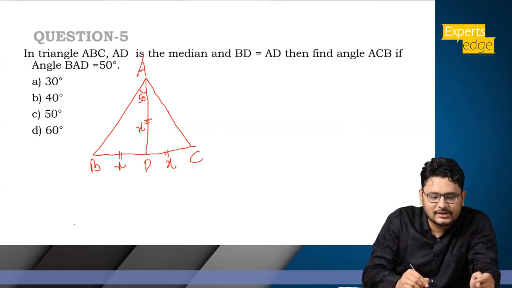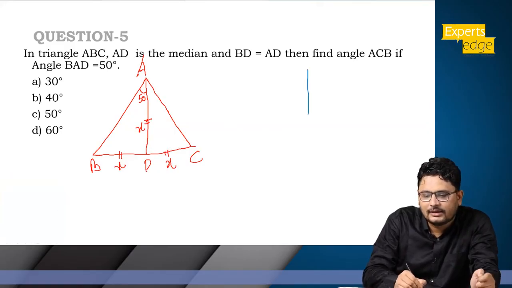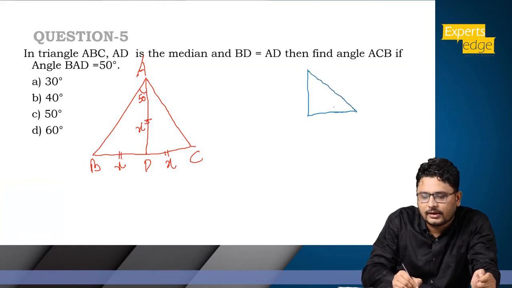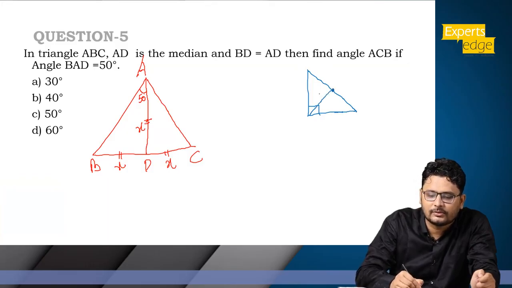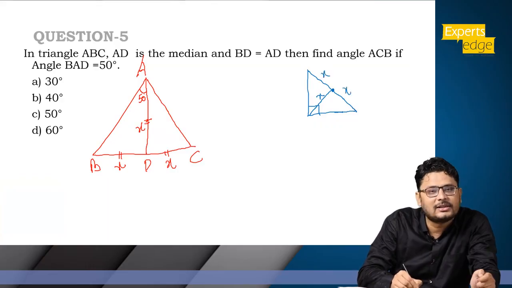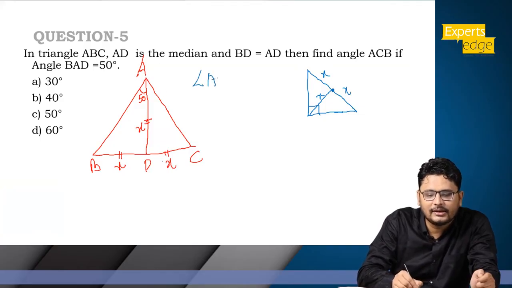Okay, we have just seen a property. ठीक है, hope you remember, it's a very important one. क्या थी वो? Right angle triangle में if it's a median, it divides the hypotenuse into two equal halves. तो अगर ये x हो, so ये भी x होगा और ये भी x होगा, right? Please remember this. So ये वैसे ही है, ये x है, ये x है, ये x है, तो opposite, that is angle A should be nothing but 90 degree, right?